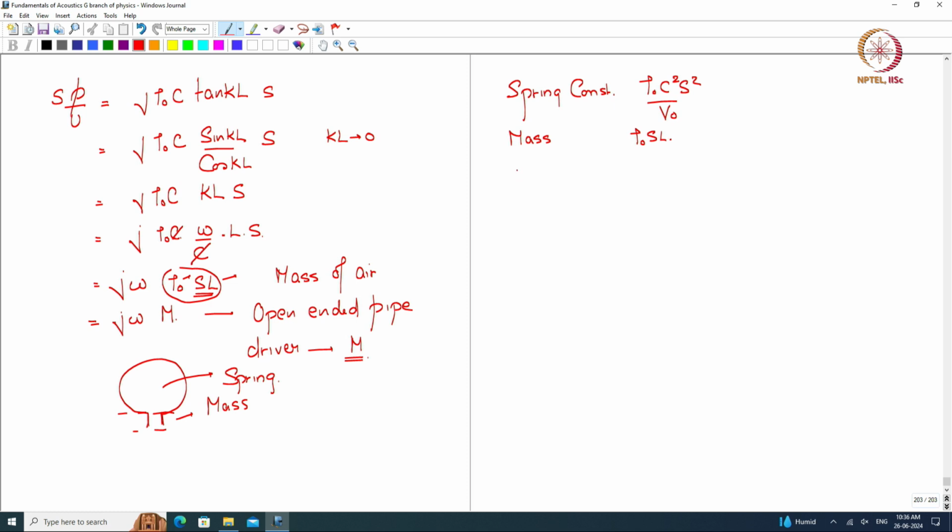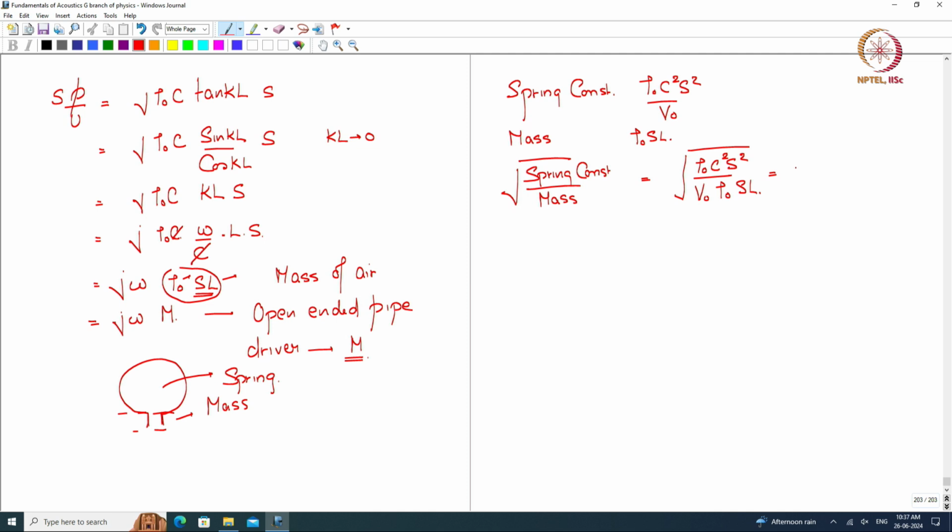So if you take the square root of the spring constant divided by mass, it is like the square root of k by m in the vibrations case. So we get the square root of rho 0 c square S square by V 0 rho 0 SL.